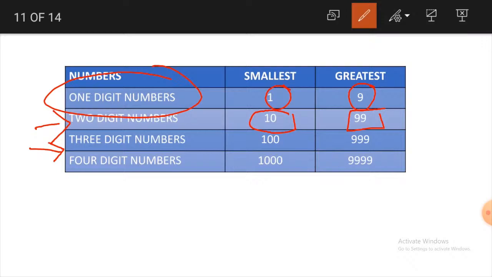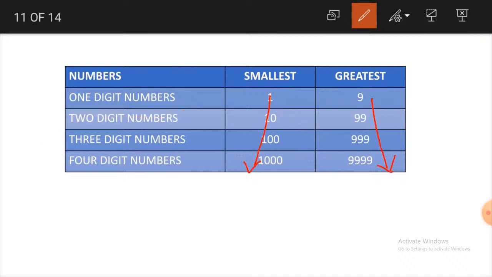Okay, if you observe, all the smallest numbers have 1 and all the greatest numbers have 9. For the greatest 1-digit number, you write only one 9. When it is the greatest 2-digit number, you write two 9s. How many 9s?